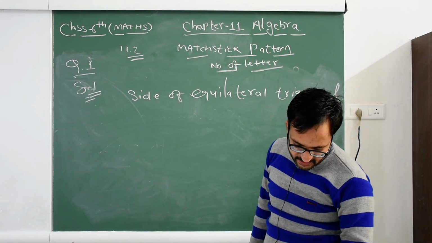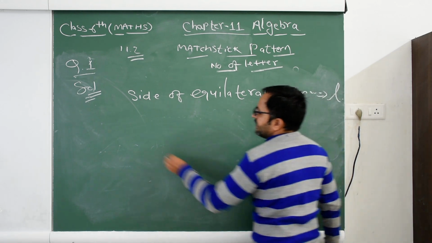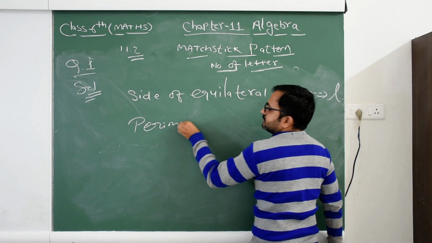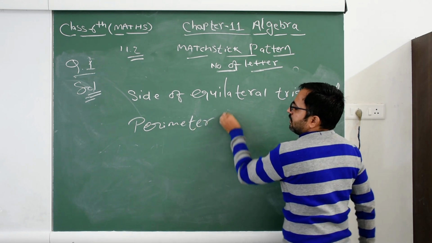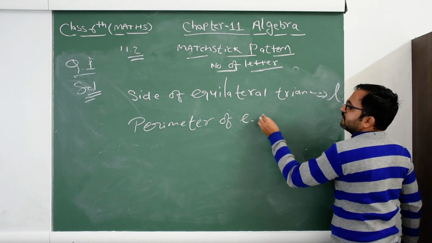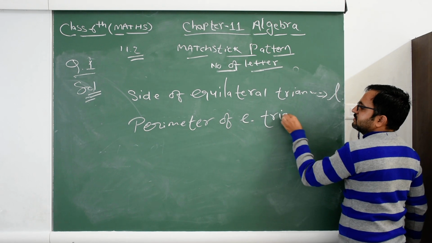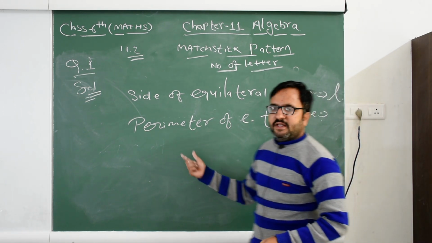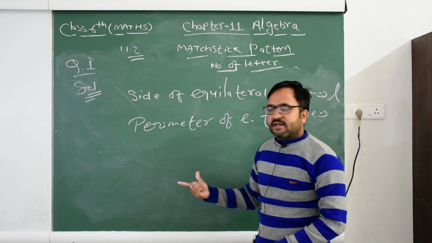Express the perimeter of the equilateral triangle. So first we discuss what an equilateral triangle is.